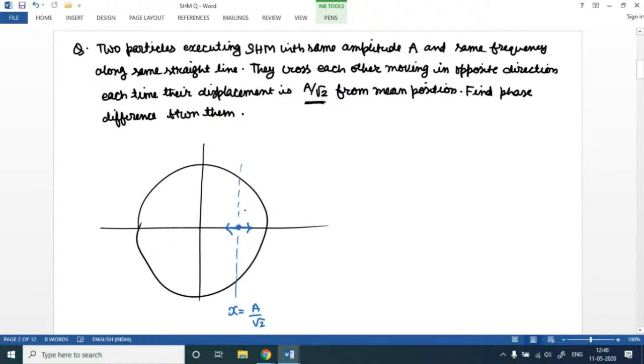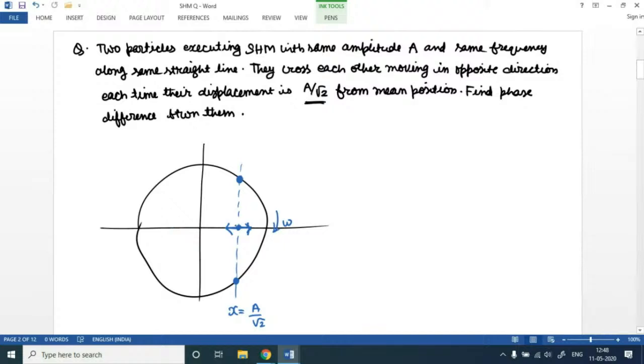If omega is in this direction, the particle which is moving away from the origin might be right here, and the particle which is moving towards the origin might be right here. So these are the two particles which are moving on the reference circle, and their projections are moving on the x-axis over here, as you can see.